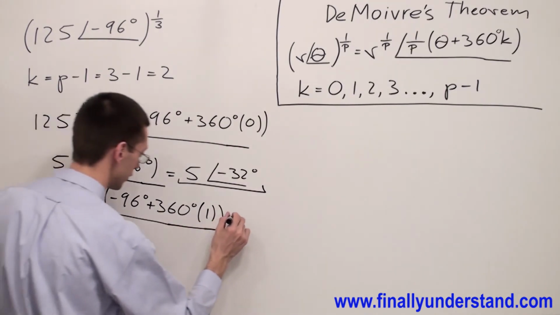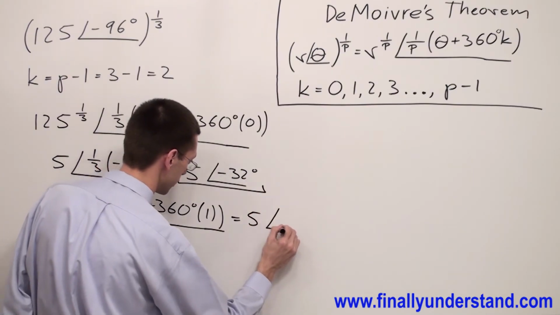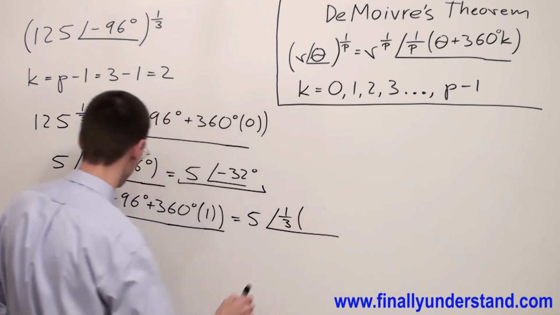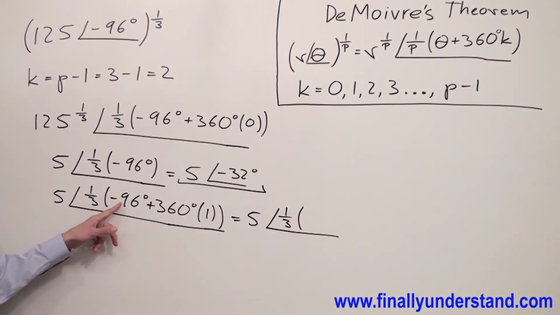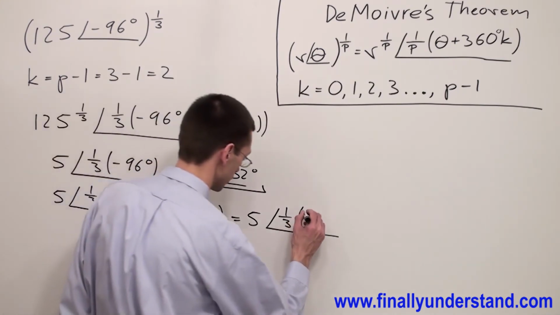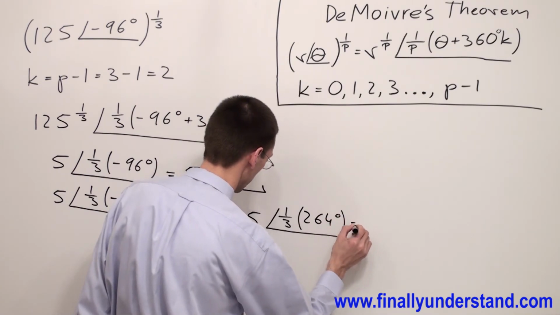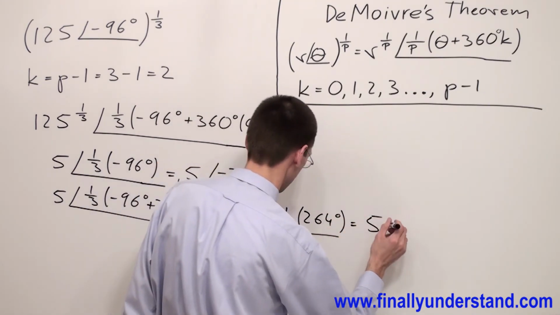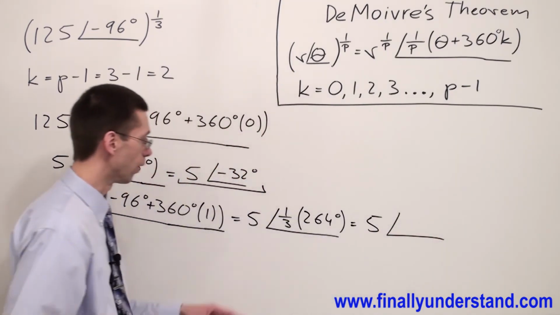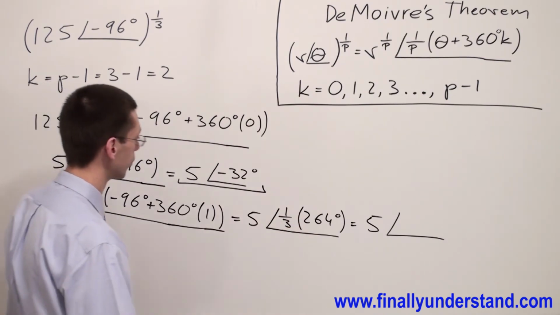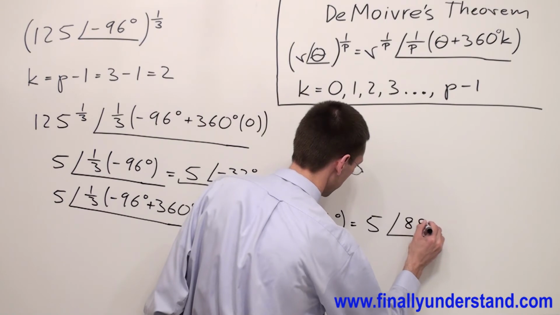So I have 5 and angle of 1/3, open parenthesis, negative 96 plus 360 degrees is equal to 264 degrees, which is equal to 5 and angle 1/3 of 264 degrees is equal to 88 degrees.